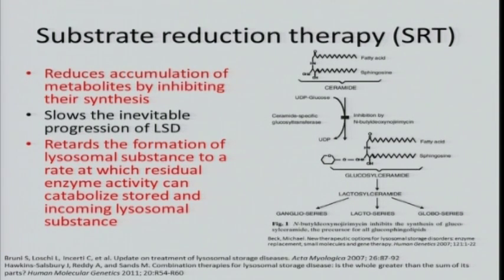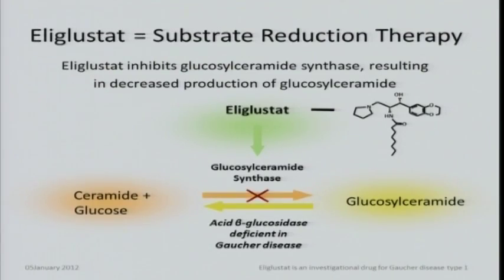So the concept of substrate reduction therapy, if you remember, we talked about a product, an end product, and an enzyme. So if you're missing the enzyme, you're going to build up that substrate. So if you can reduce the accumulation of the metabolites by inhibiting their synthesis altogether, it can be very, very helpful. So here we have the example of Gaucher disease, for which we have a treatment.